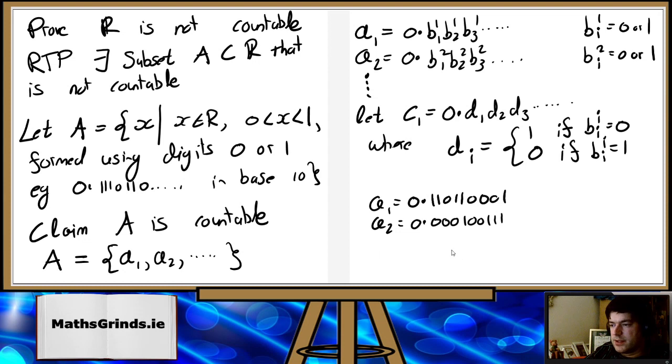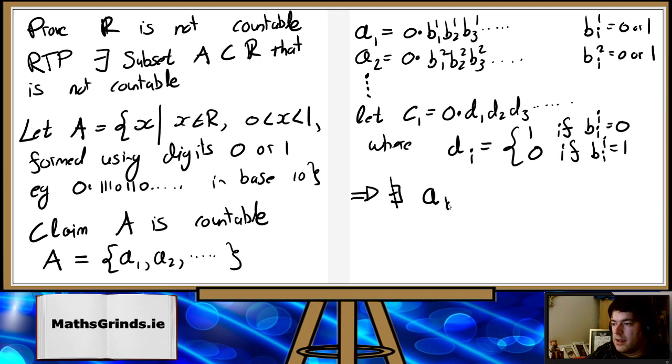Now, because of such a definition, there does not exist an AK such that C is equal to AK.